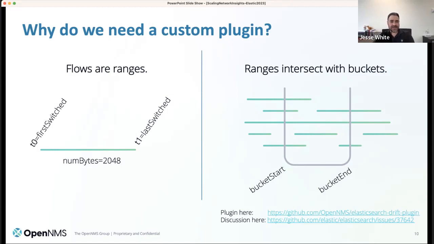And what we found is that by default, documents are treated as a single point. They only have one timestamp that can be used for bucketing in the aggregation. So we wanted the buckets to take into account the proportional range that the flow intersected with the bucket.